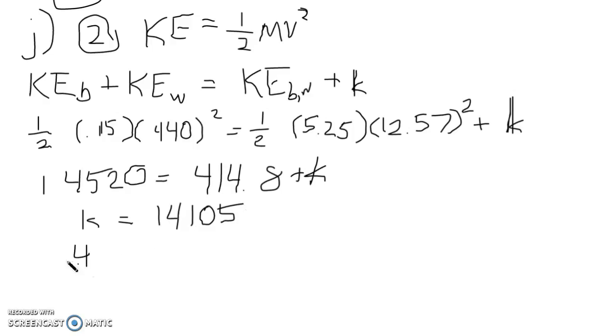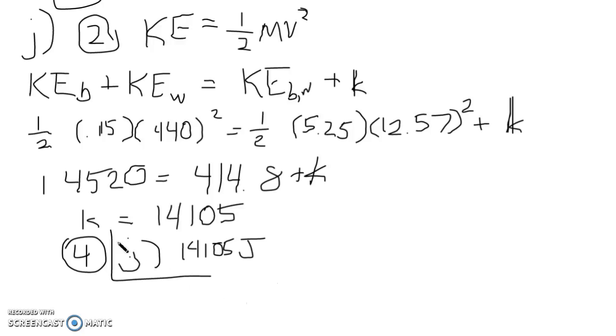So for step 4 of J, the final part to this abominable question, the answer is 14,105 joules. Does this check out? Does this make sense? Well, let's think about that. Or let me, in my case, read exactly what I had from my paper. I said it does make sense for a system so big to move, or the second system here, there must be a great loss in energy.